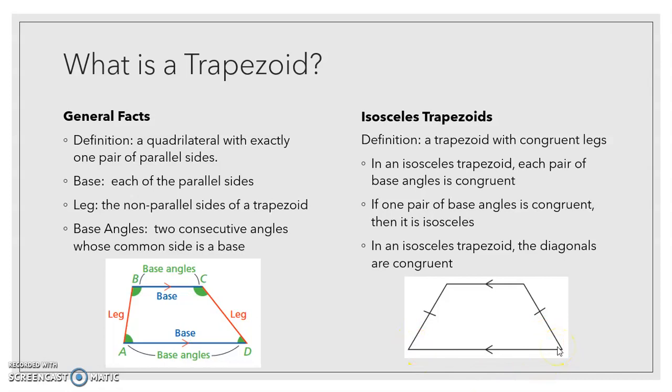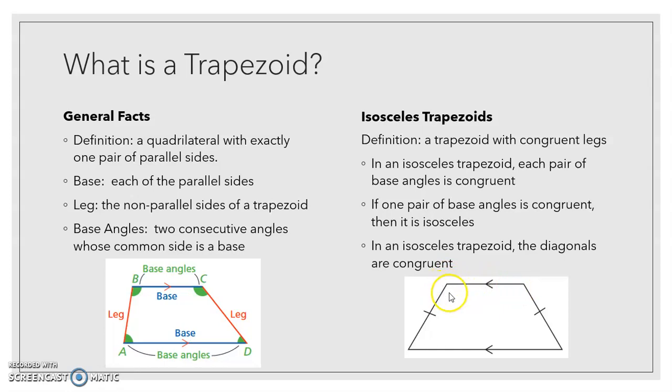This reminds me a little bit of isosceles triangles, where we took the equal signs on the sides and went across from them and said, okay, this angle is equal. And then we went to this congruent symbol and went across from it and said this angle is equal. That's the same thing that's going on here. These two base angles at the bottom are equal, and the ones at the top are also equal to each other.